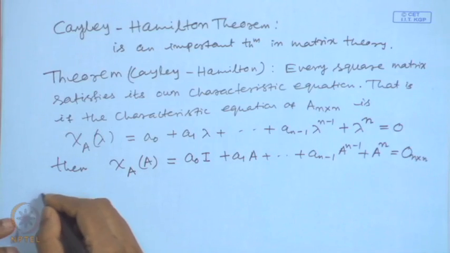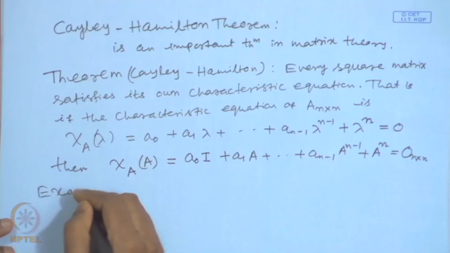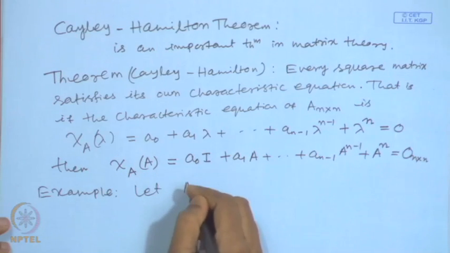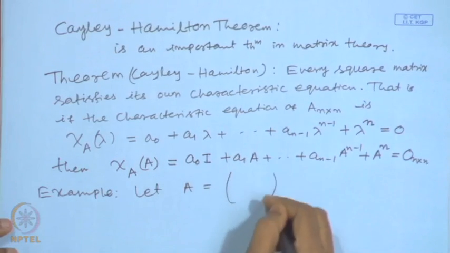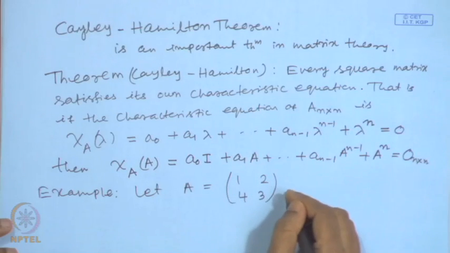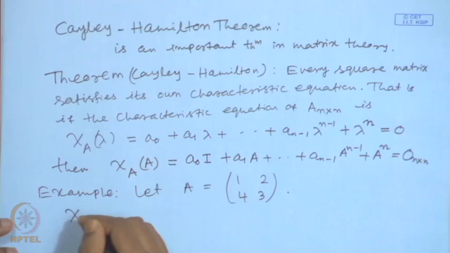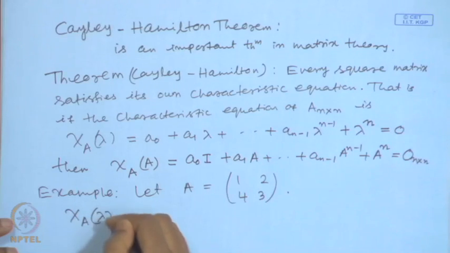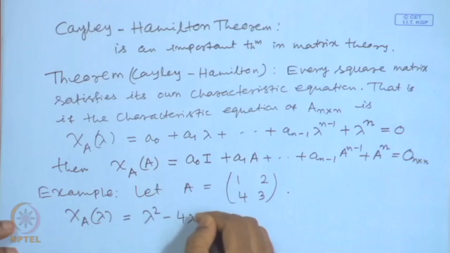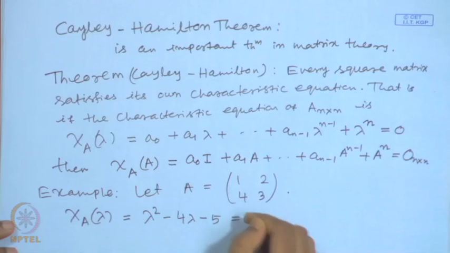Let us see one example here. Let A be the matrix 1, 2, 4, 3. Its characteristic equation is lambda square minus 4 lambda minus 5 equals 0.